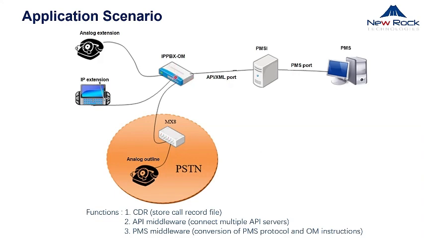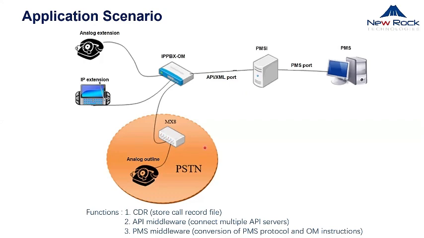Here we have the three main functions. First, CDR, which can store call record files. The next one is an API middleware, so you can connect multiple API servers. And the third one is a PMS middleware, so it can convert PMS protocol and OM instructions.